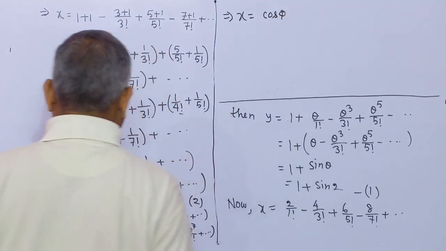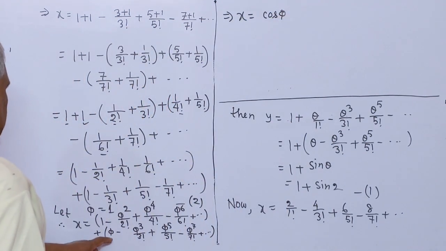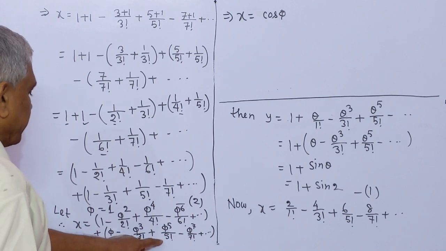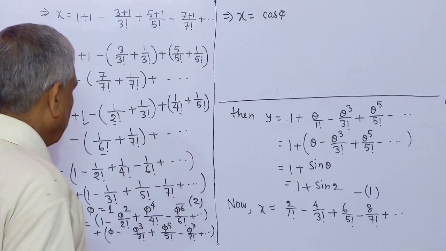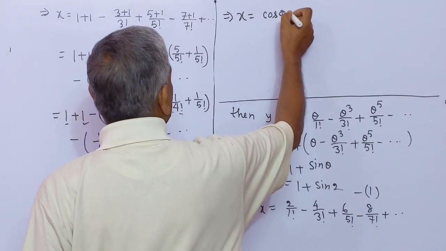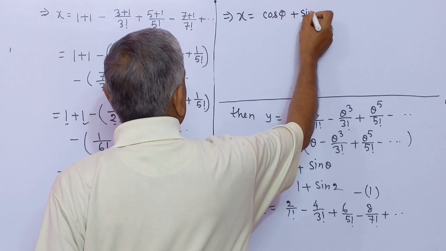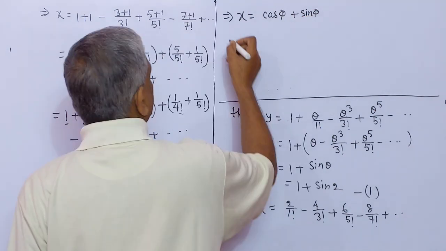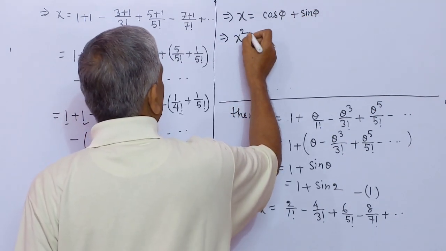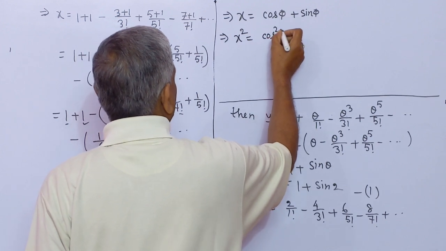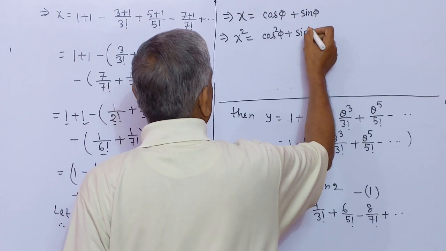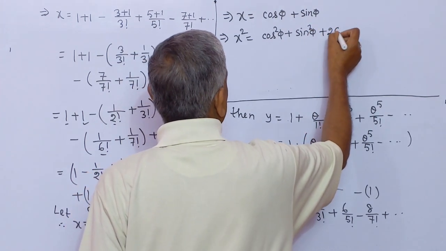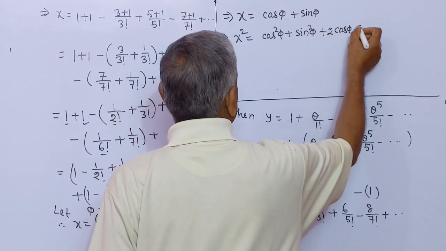So x equals cos phi. And the second bracket is phi minus phi cube by factorial 3 plus phi to the power 5 by factorial 5 minus phi to the power 7 by factorial 7 plus dot dot dot. This is sin phi, so x equals cos phi plus sin phi. It implies that x square equals cos square phi plus sin square phi plus 2 cos phi multiply sin phi.